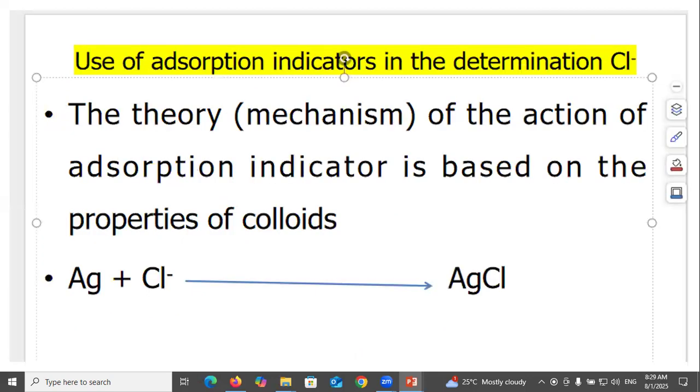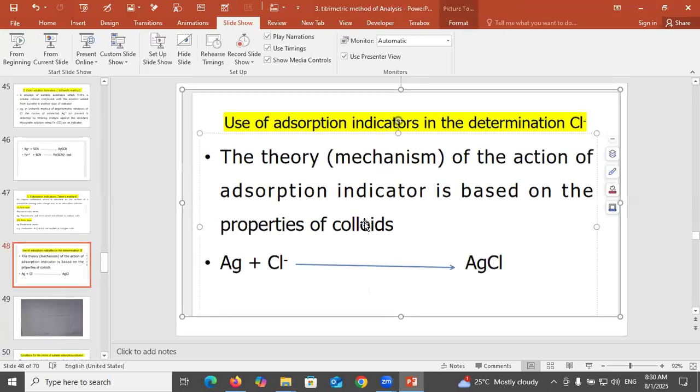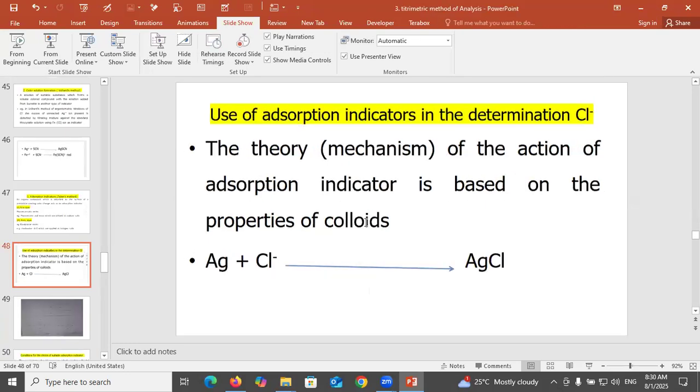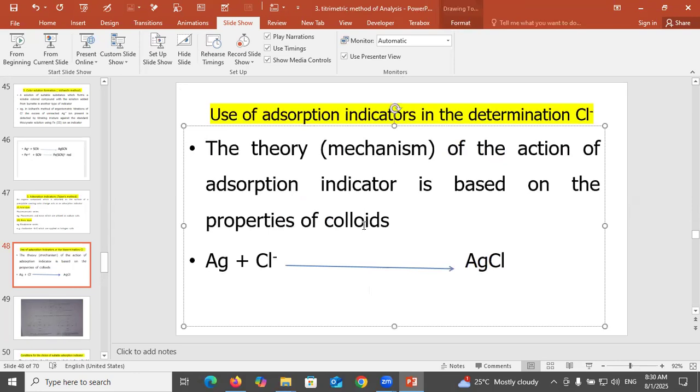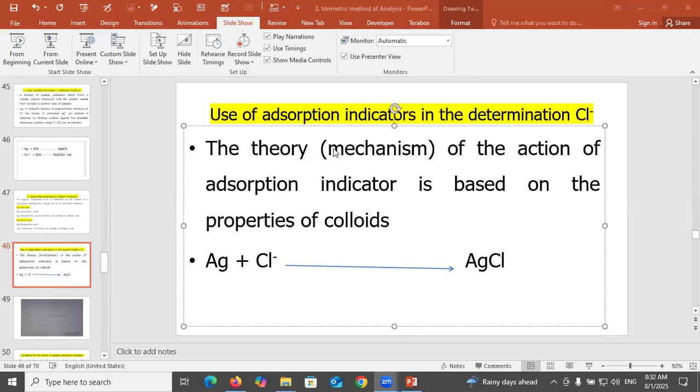Use of adsorption indicators in the determination of chloride.